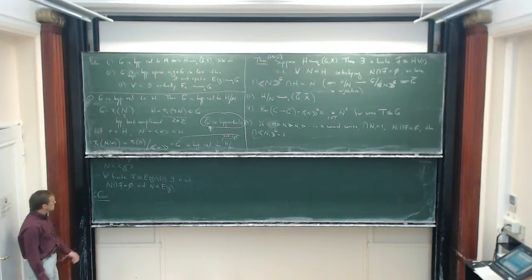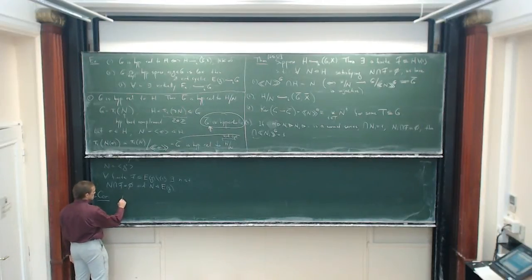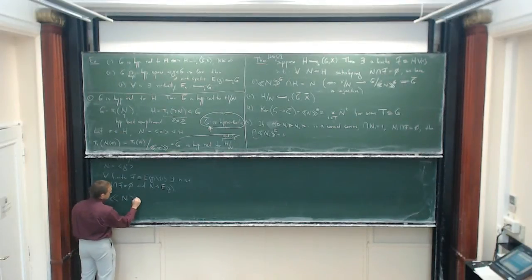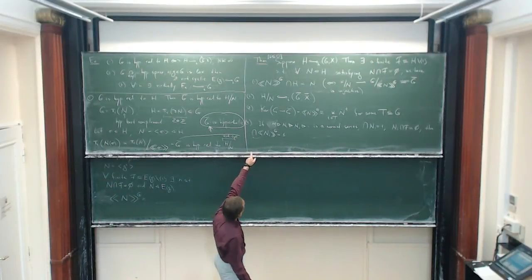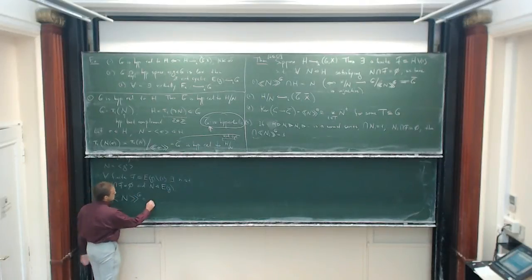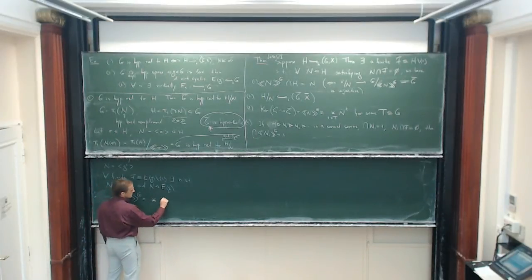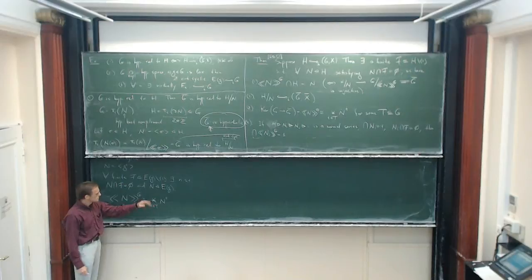So in the situation as described above, let's look at the normal closure of N in the whole group. Now I want to apply part 3 of the theorem. Part 3 says that this is a free product of conjugates of N for some subset T of the group G. I don't care about the subset.